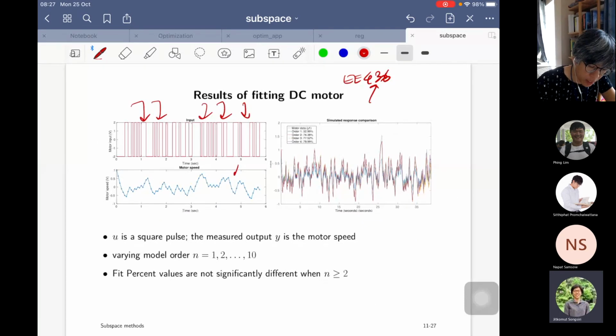So basically, in our lab, the real experiment, we measure the motor speed.